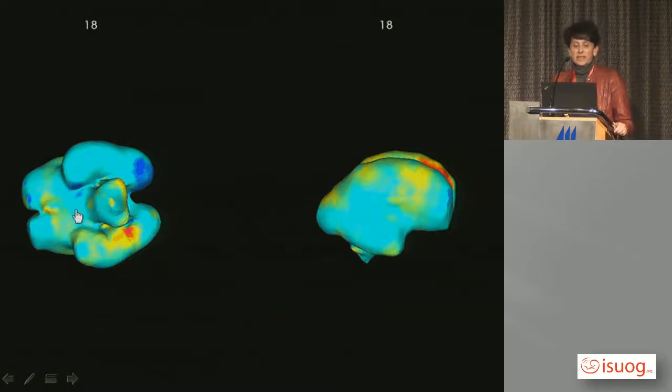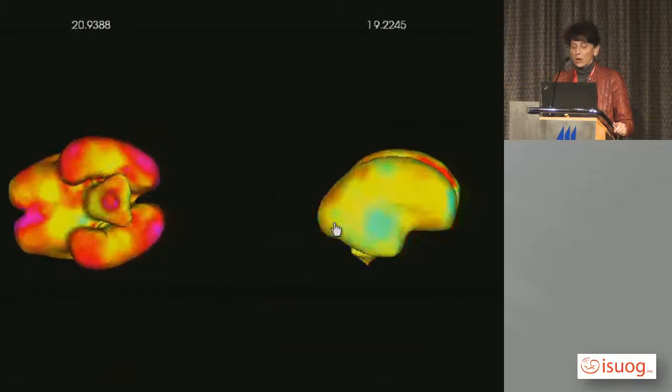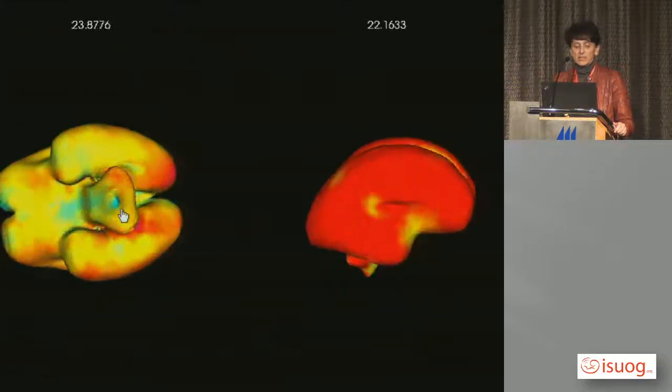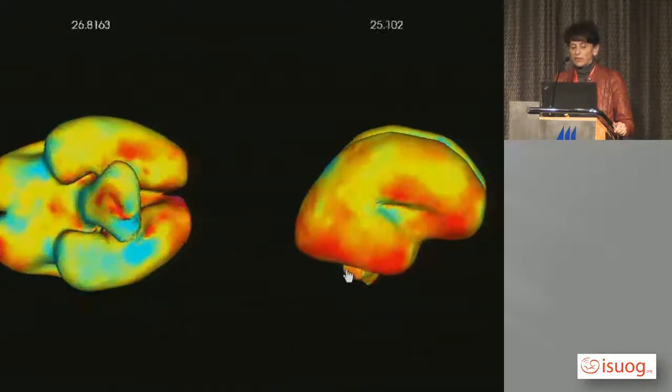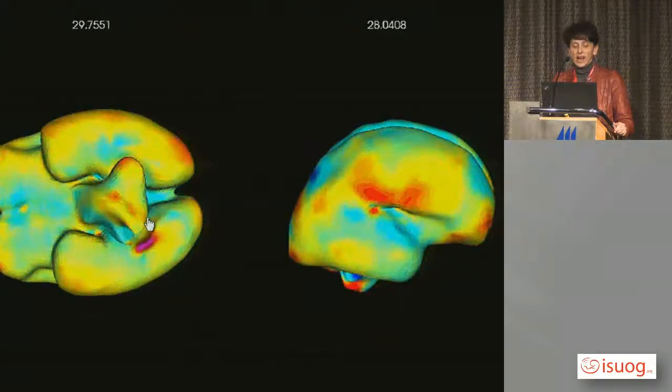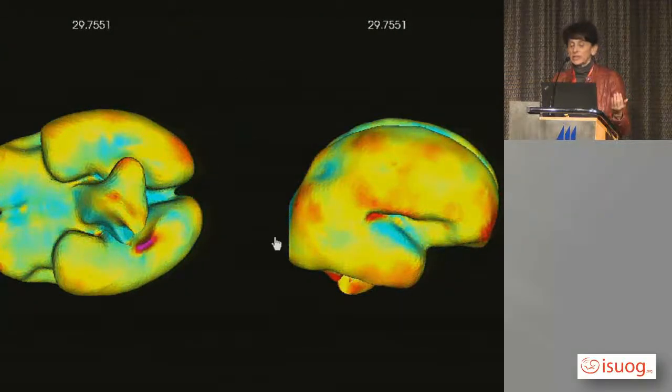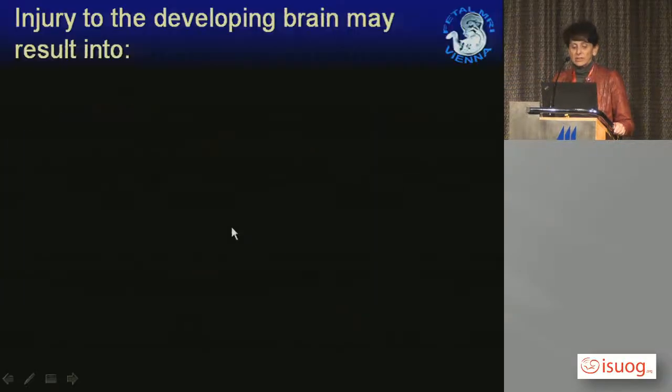And as you will see, the cerebellum, the infratentorial regions are red all the time. So some developmental steps of the infratentorial region are taking place all the time during pregnancy, and all the time something may go wrong.